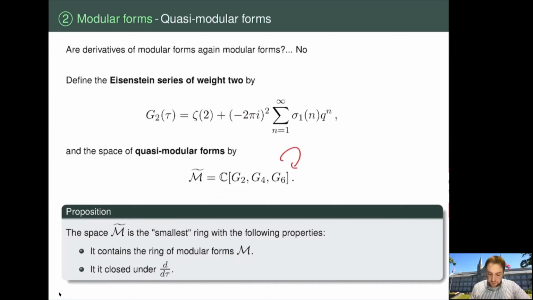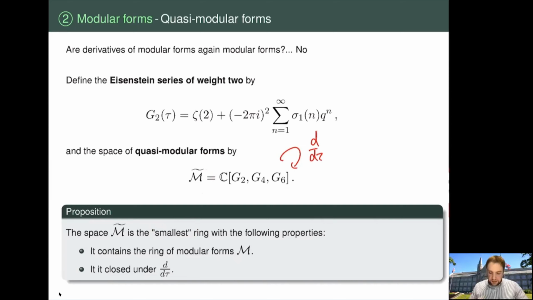So this is closed under d/dτ. And also it is the smallest ring which contains the ring of modular forms and which is closed. And by smallest, I mean if there's another ring which contains the ring of modular forms and which is closed under d/dτ, then this also contains the ring of quasi-modular forms.